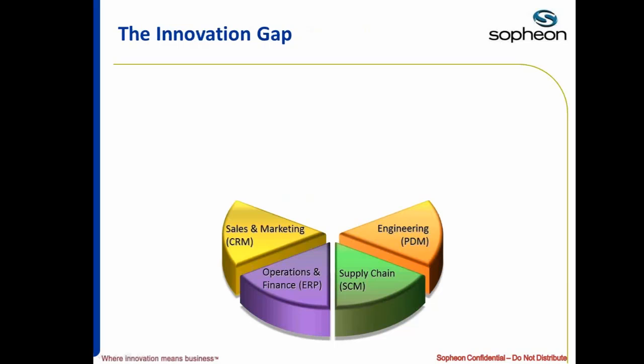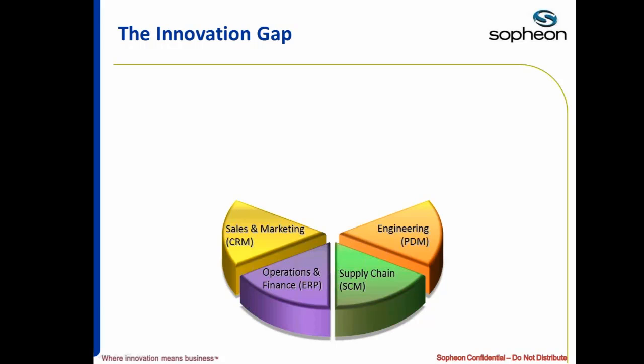If we look at the innovation gap, we look at where companies have invested heavily over the last 2 decades, we'll notice, if we're honest with ourselves, that there has been a lot of investment in design, supply, manufacture, production, the sale of new products.